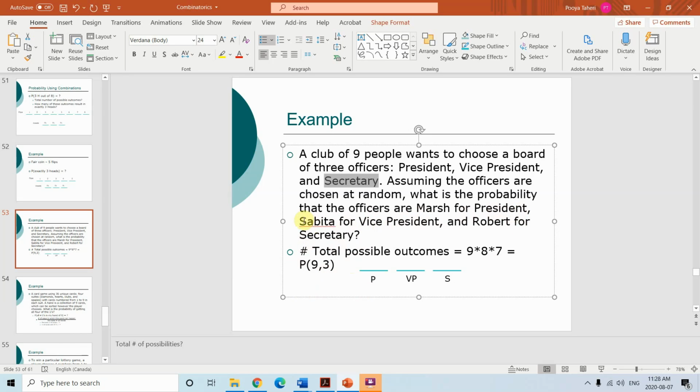Only one, where Marsh is president, Sabita vice president, and Robert secretary. So the probability is 1 over this total number of possible outcomes.